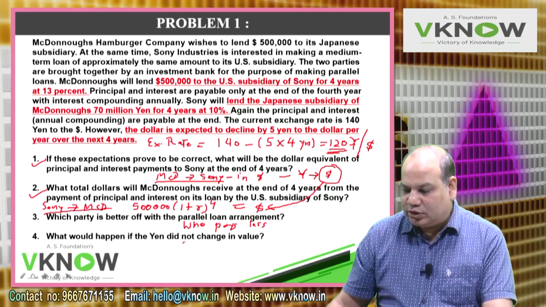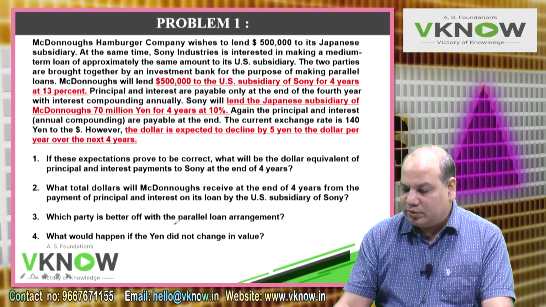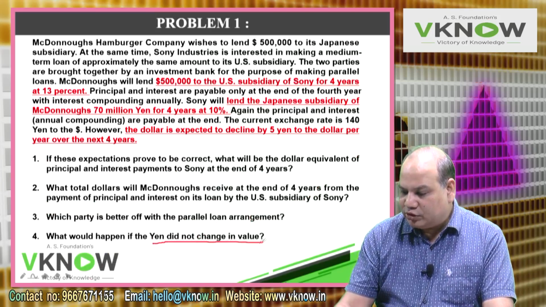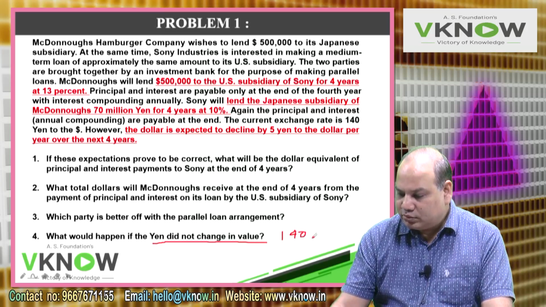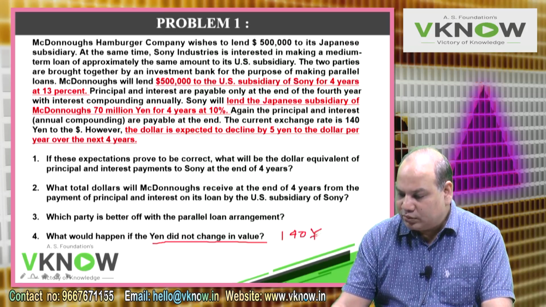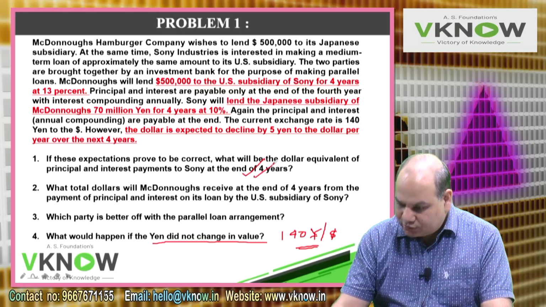And then they are changing the question suddenly. They are asking that what would have happened if yen did not change in value. If yen did not change in value means we will have to do the calculation with 140 yen per dollar on maturity. So my first answer will change.